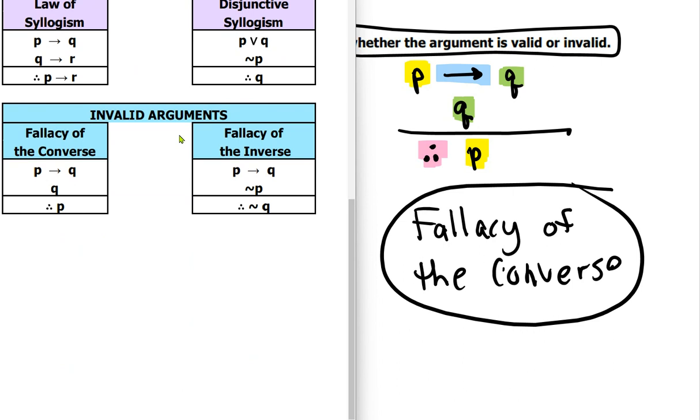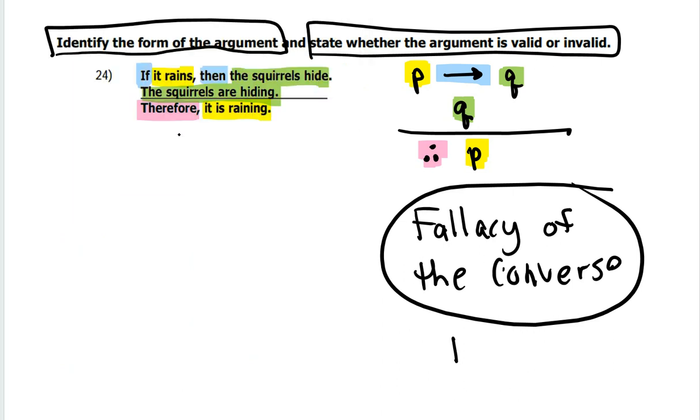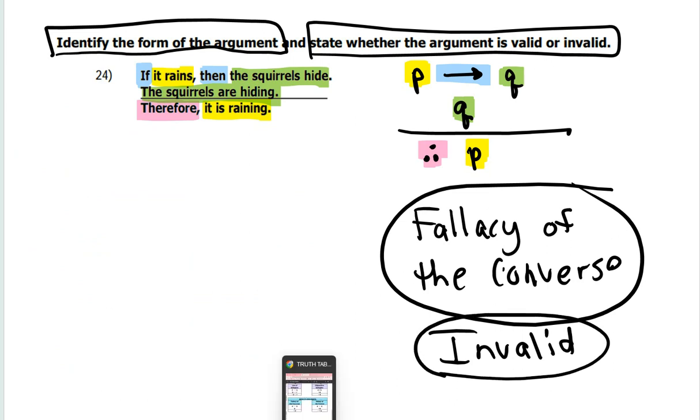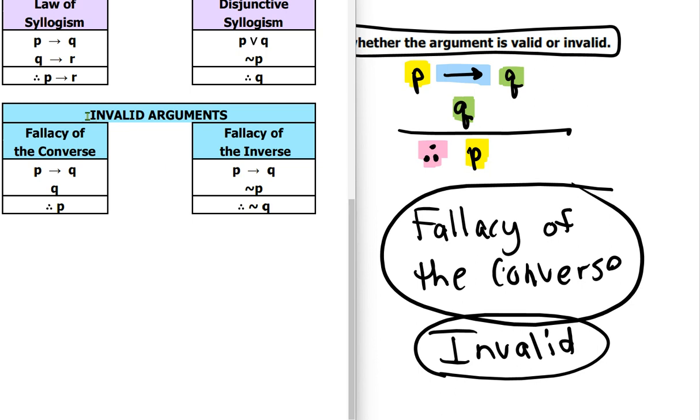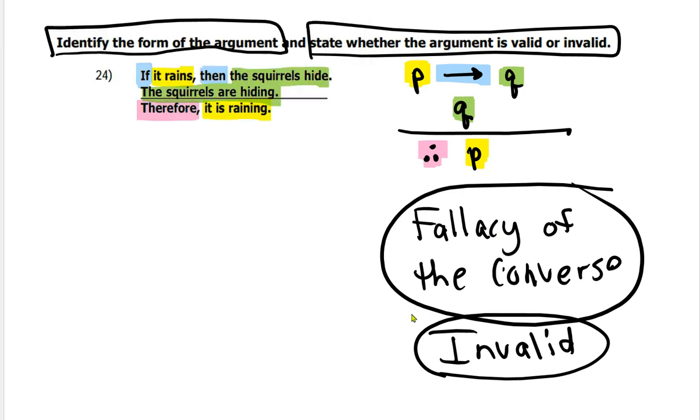So I would say this is invalid. It's listed right there under the words invalid argument. So if you get this right and then say valid, I'm just going to put a big frowny face on your paper. Maybe say something like, really?